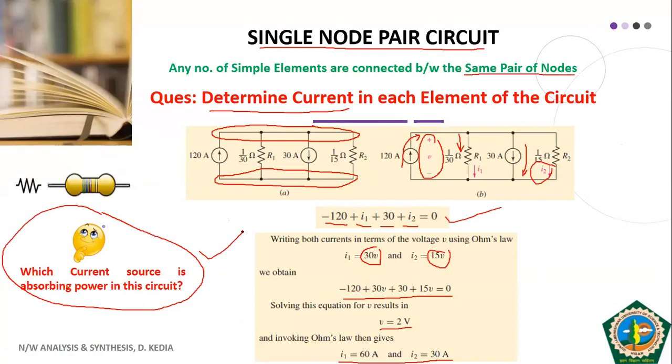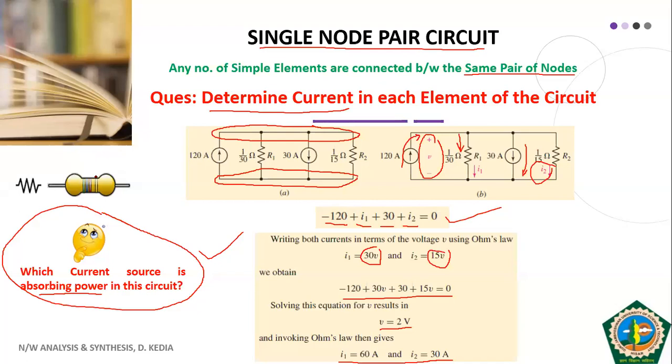How will you know whether a current source is absorbing power or delivering power? How do you know that a current source, or any power source, is absorbing power or delivering power to the circuit? Sir, I don't know.